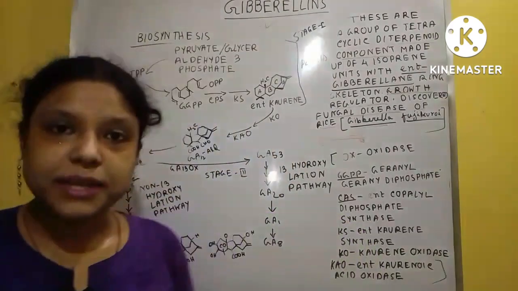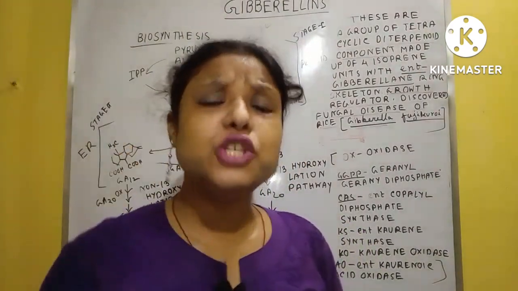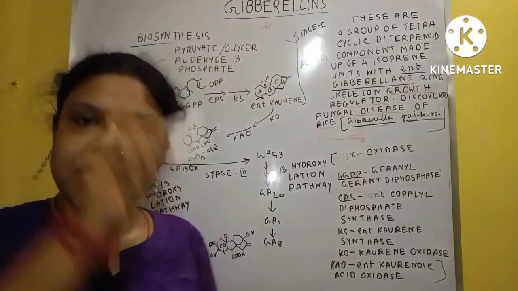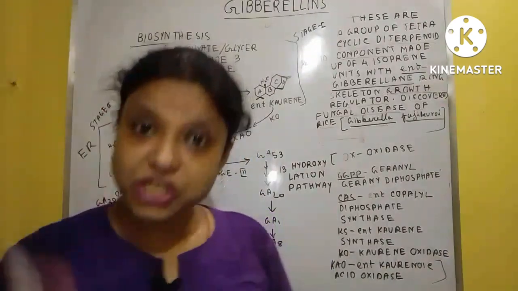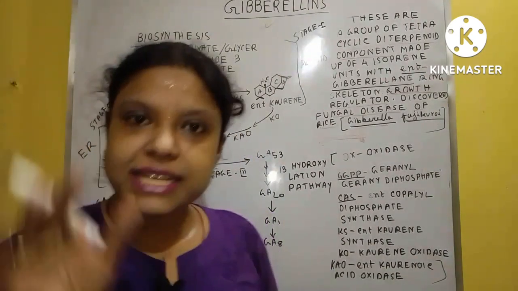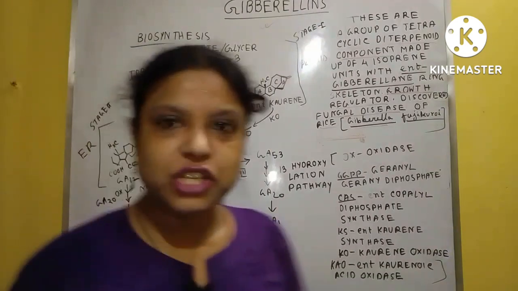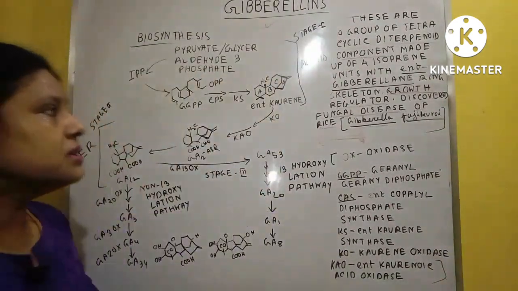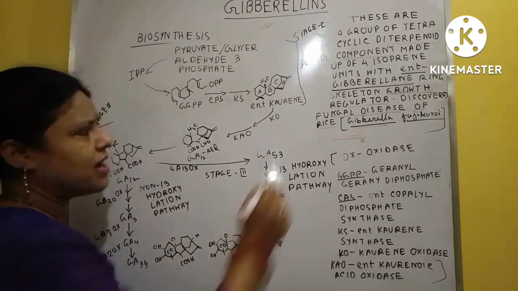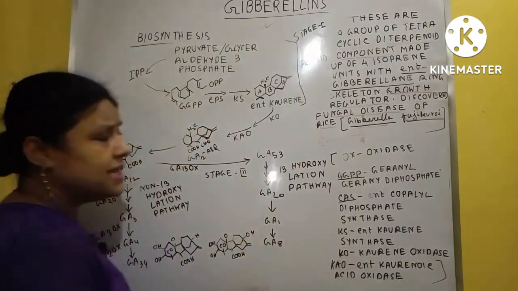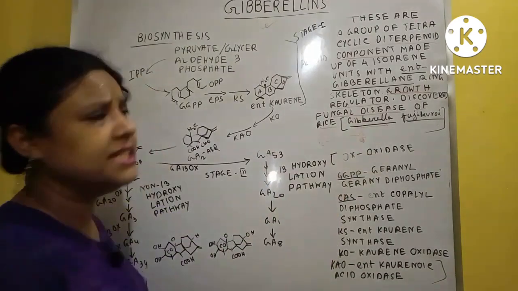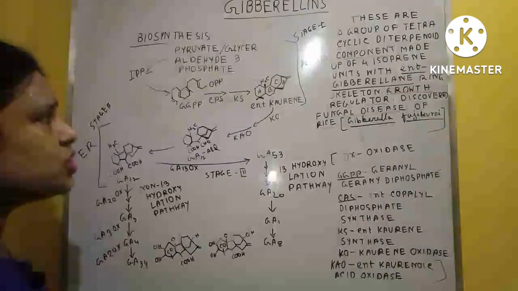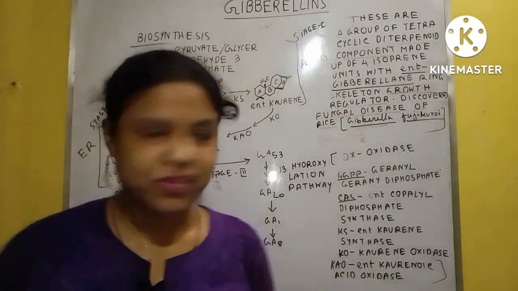If cell division increases in the apical meristematic tissue and the intercalary meristematic tissue, then the plant's elongation is seen. Gibberellin functions here. It helps to increase the internode part of the plant's body, and in that way the elongation of the plant's body is seen properly. Clear?